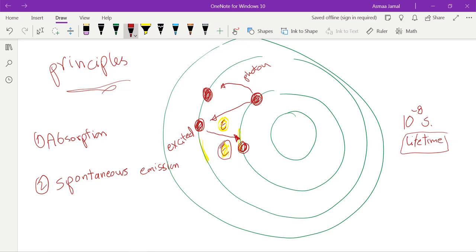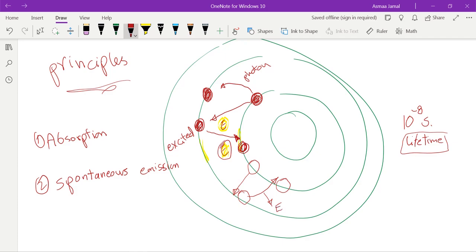Therefore, we have no control over when an excited electron is going to lose energy in the form of light. That occurs in incoherent light or ordinary light. The electron will absorb energy at any time, and when its lifetime ends, it will go back to its ground state after giving off energy.